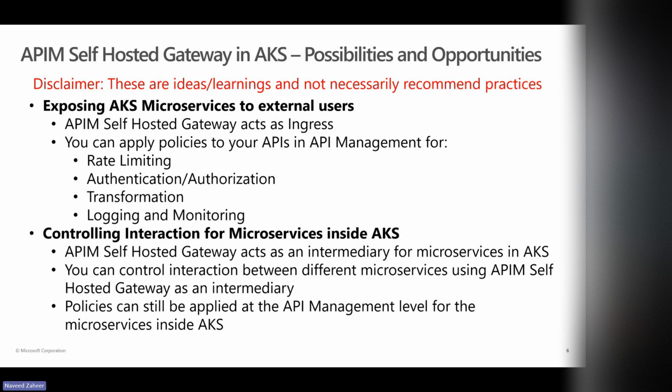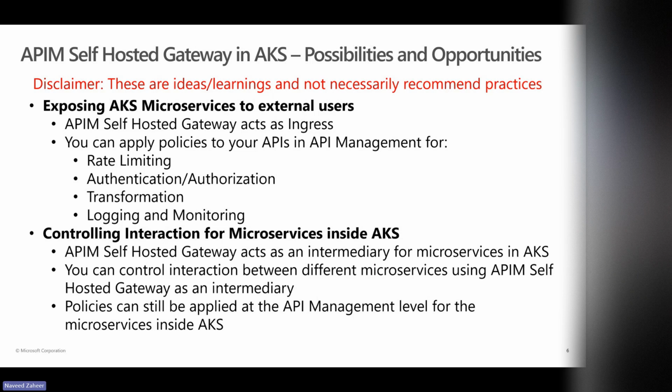For example, one of my customers, who was already using Azure API management, has deployed the self-hosted gateway into AKS. They are using it to control east-west traffic, meaning the traffic between different microservices inside AKS. Normally you use a service mesh for that, but they are very well versed with API management and know its capabilities, so they are using it instead.